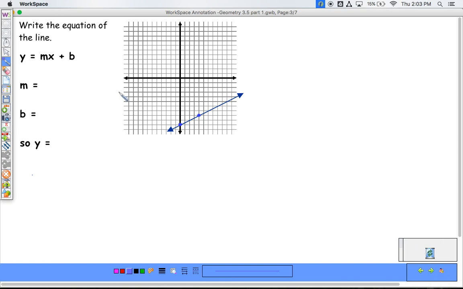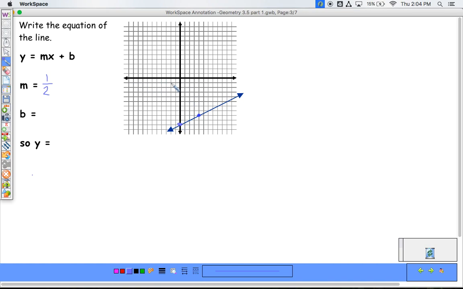So y equals mx plus b, like we said before, m is going to represent our slope, so we need to find m, and if we look at our graph, we're going up 2 over 4. So 2 over 4 is going to reduce to 1 over 2. B again is your y-intercept, so you're looking at this point right here where it hits the y-axis.